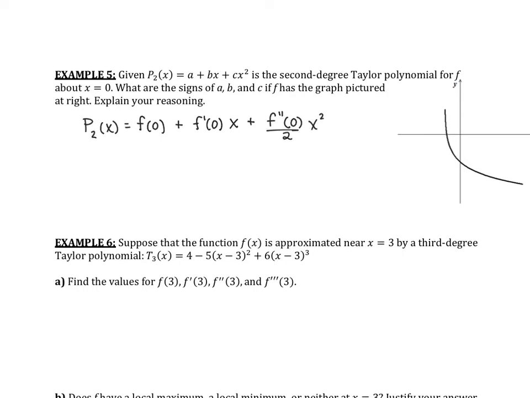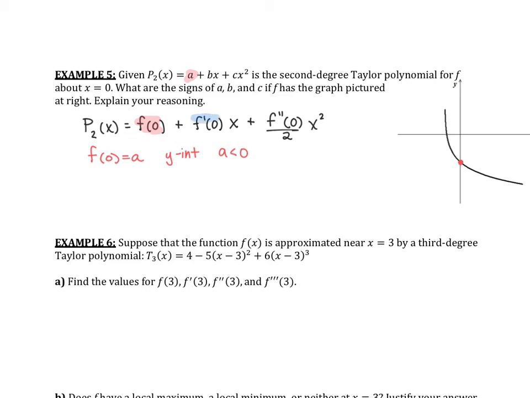So what we can see here is that my coefficients, I would have f of 0, f of 0 would need to equal a. So if we said f of 0 equals a, what would be the sign of a? Well, what we're looking at in this case would be my y-intercept. So I'd be looking at this point right here. And based on the fact that this is my y-intercept, I know that a needs to be less than 0.